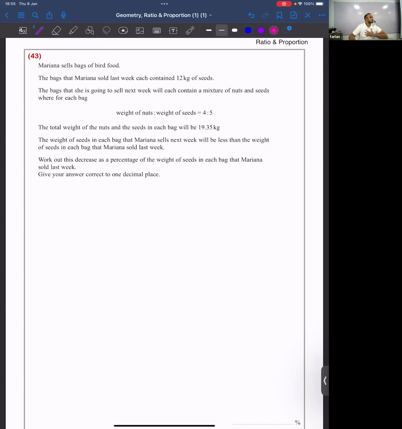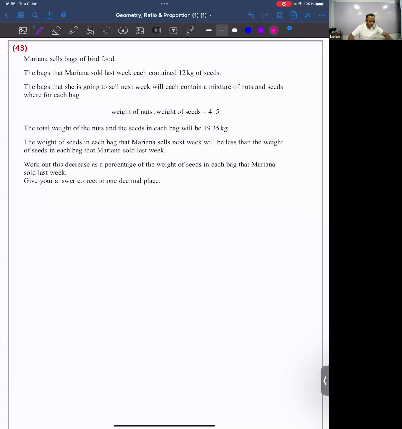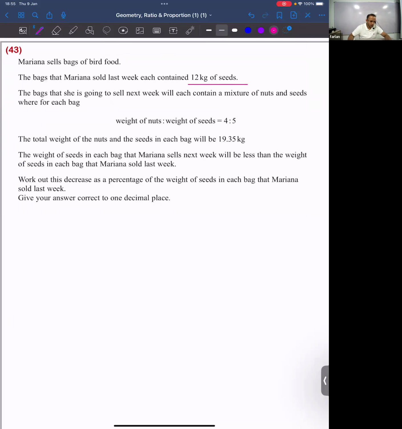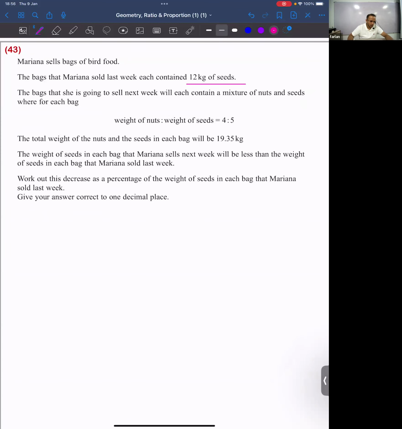Right. Mariana sells bags of bird food. The bags that she sold last week each contain 12 kilograms of seeds. The bags that she is going to sell next week will each contain a mixture of nuts and seeds, where for each bag the nuts to seeds ratio is 4:5.